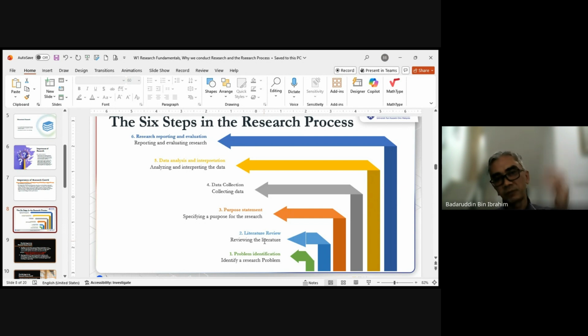And of course, finally is your reporting and the evaluation process. The evaluation process for a PhD or Masters by Research is that you must pass the Viva portion. I just want to mention earlier, for those who are conducting Masters by Research or PhD by Research, the requirement for graduation is important.